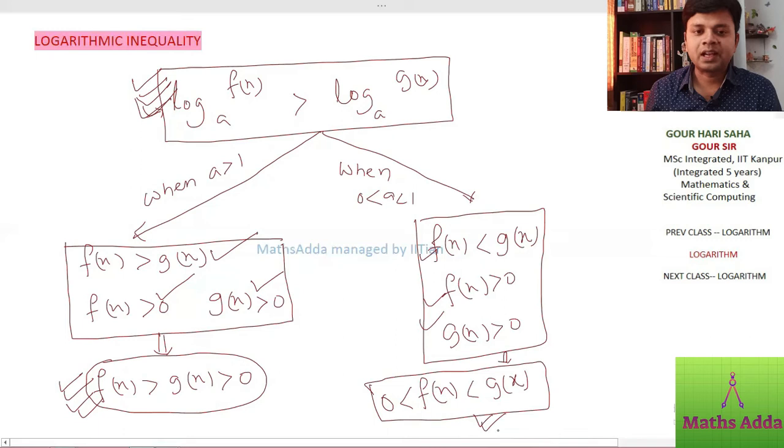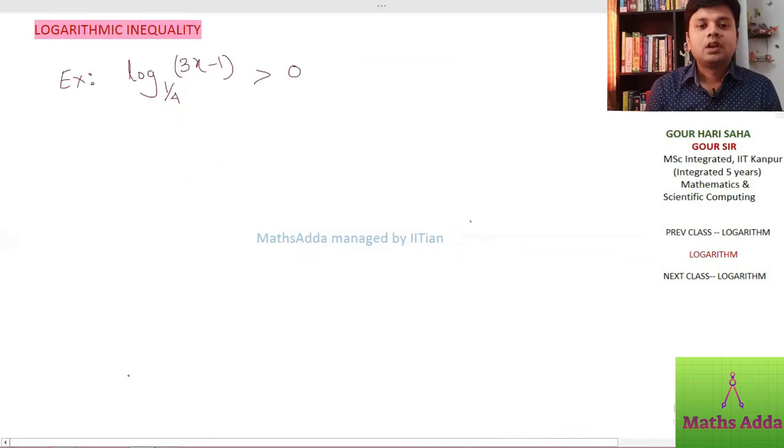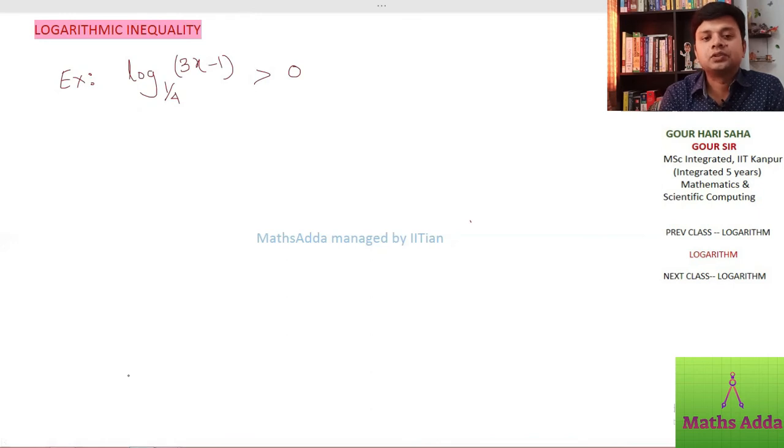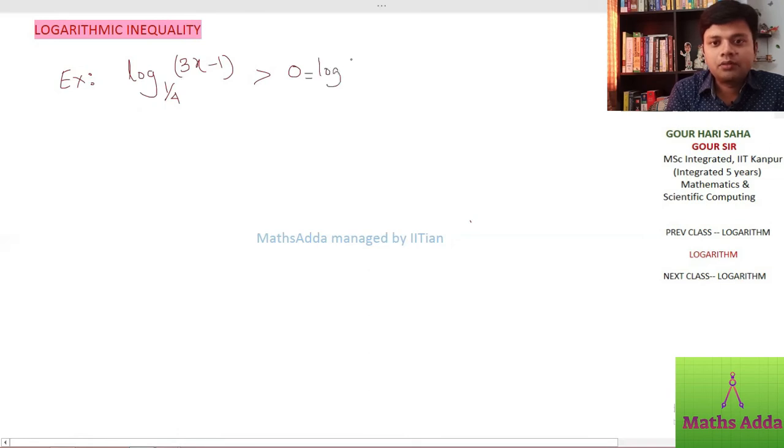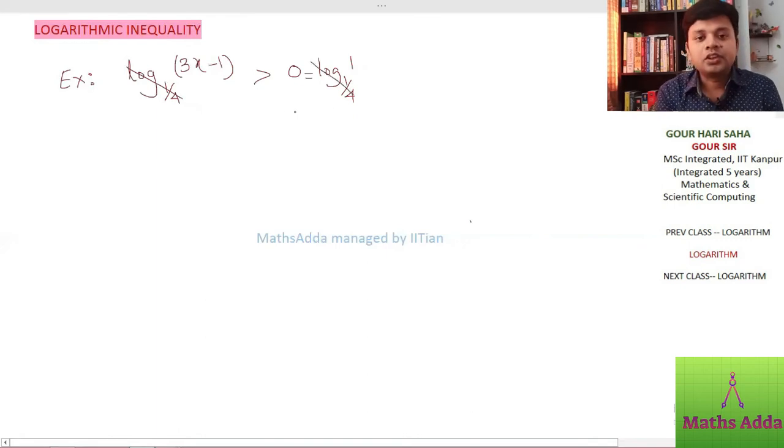Let's take one example to see how this theory works. I want to solve the inequality log of (3x minus 1) base 1/4 is greater than 0. I will write the right side as log of 1 base 1/4. Since the base is 1/4, remove log; the sign will change.